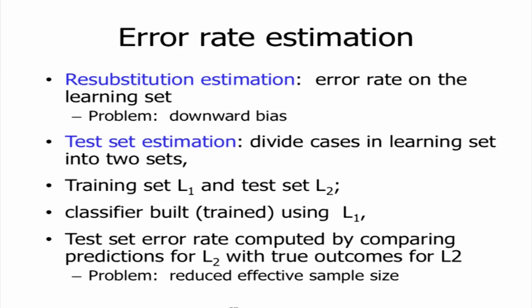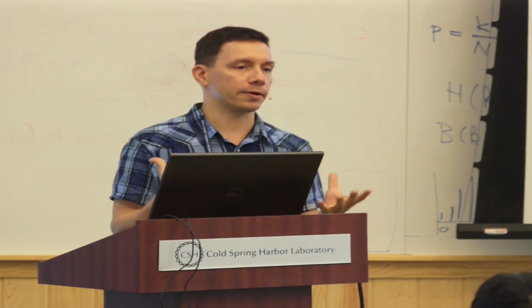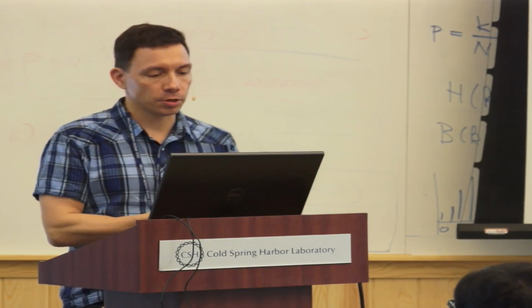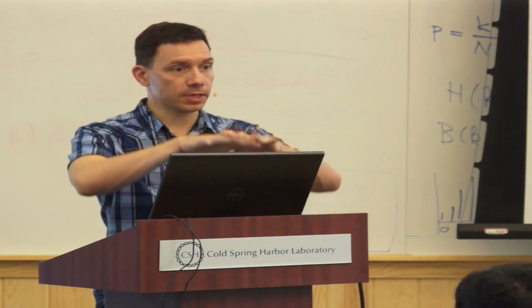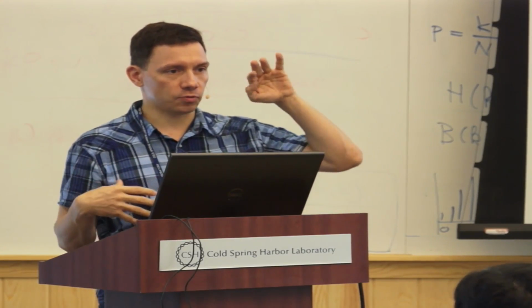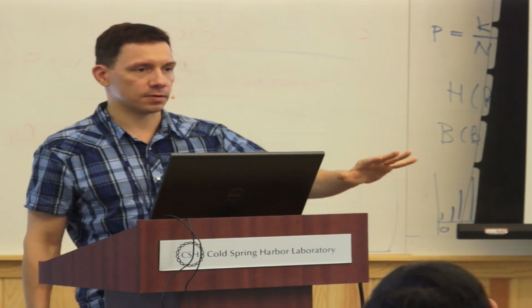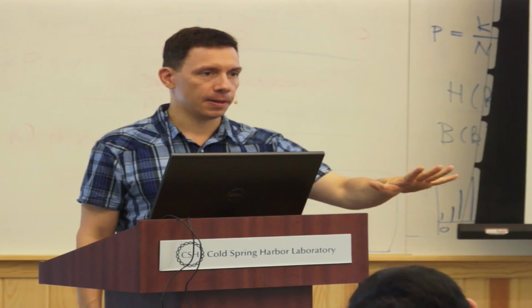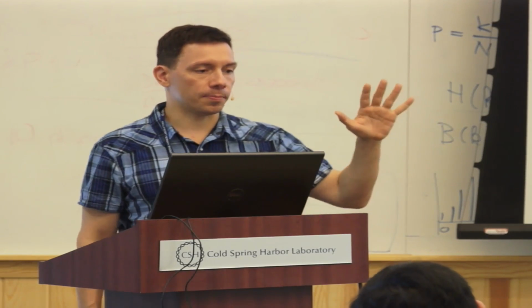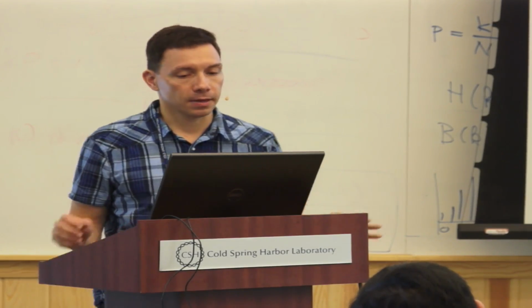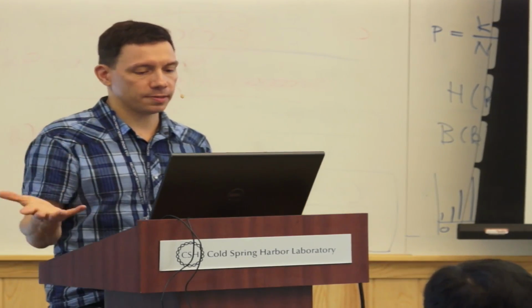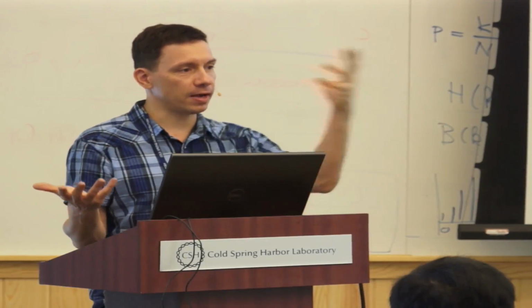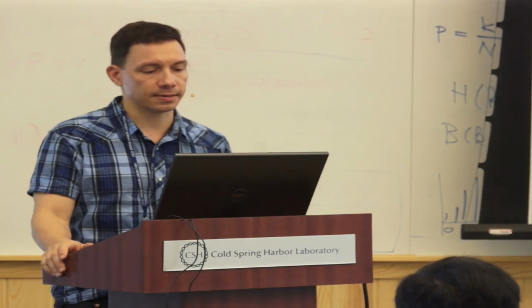And how do we get it? Well, let's say you have a very large data set, 200 subjects. What you could do is randomly divide these subjects into two data sets. The first set you refer to as learning set, and you build your predictor on the learning data. And the second data set you call the test set. And then you evaluate your predictor on that second data set.